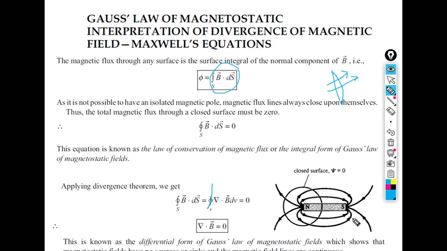The total magnetic flux through a closed surface must be 0.